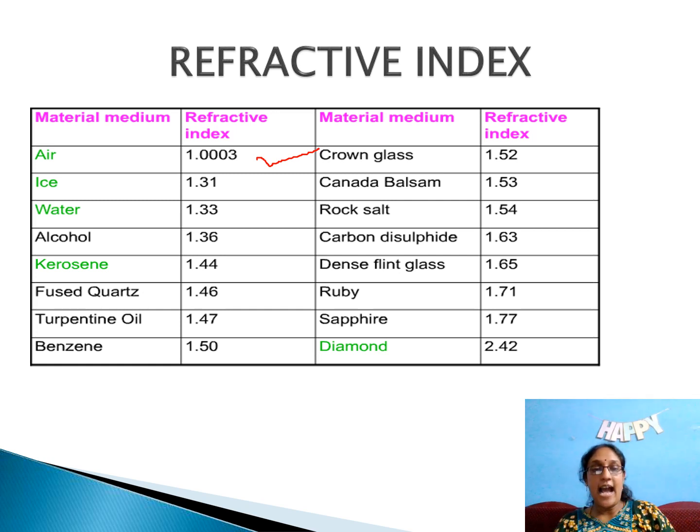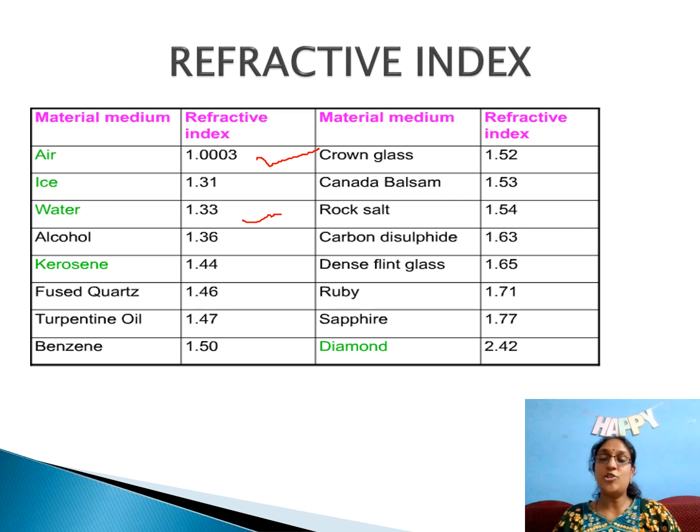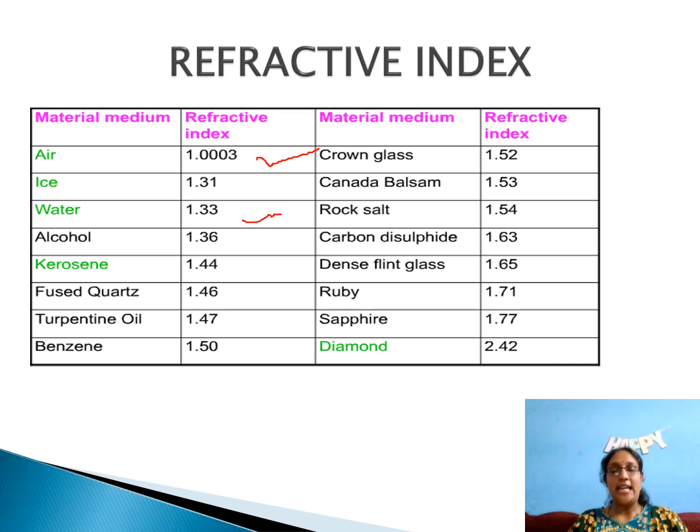Air has a refractive index of 1.0003, ice is 1.31, water is 1.33, and alcohol is 1.36. Actually, 1.44, 1.33, 1.31, 1.0003 are values we use often, and the results were very nice.